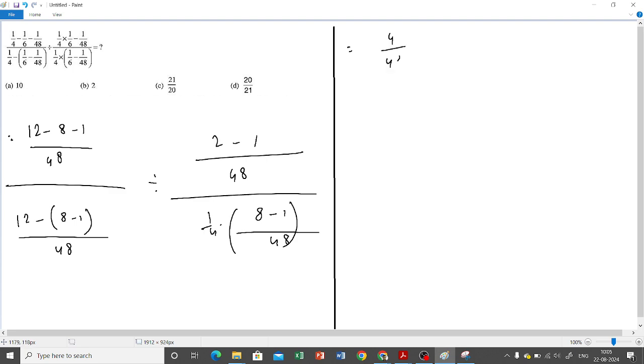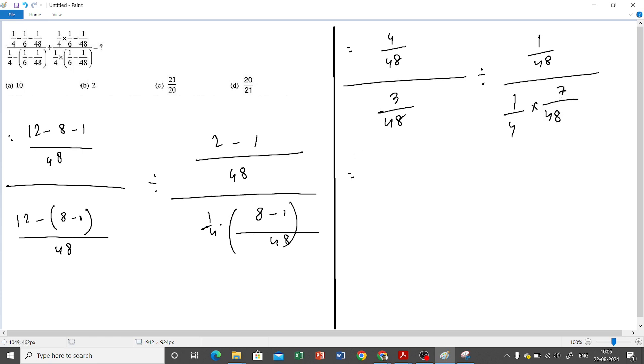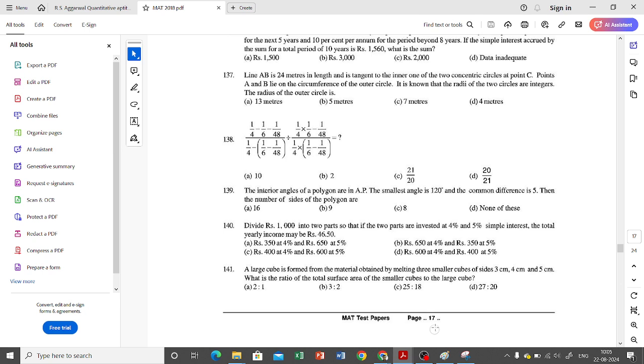That is 4 by 48. 7 by 3. 7 by 3. None of the options.